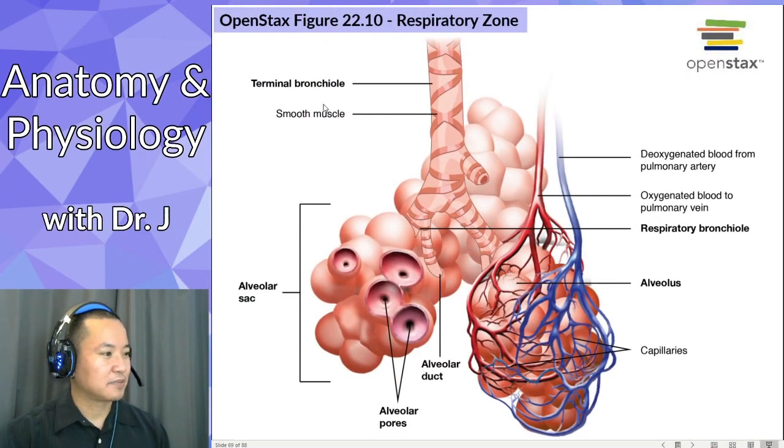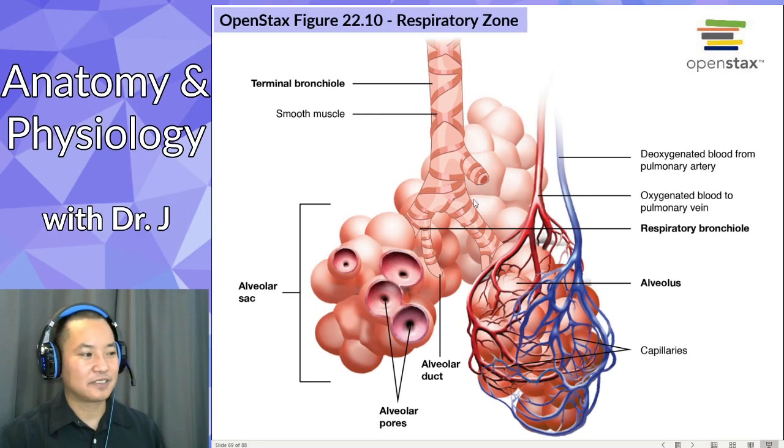Now let's look at the respiratory zone. So actually your respiratory zone should be right here. Like the terminal bronchiole, that isn't actually part of your respiratory zone quite yet. It's still just a way of getting from your environment into your alveoli. So your respiratory zone is right here. And what we have here is all these capillaries that came from those pulmonary arteries and lead to the pulmonary veins.